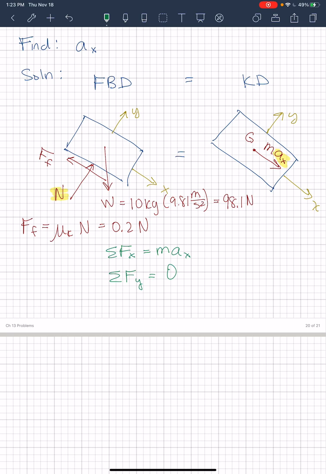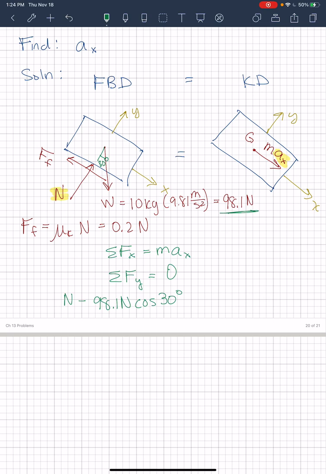So that's going to equal N, and then minus that y component of the weight. Oh, I forgot to put the direction in there. But the y component of that weight is going to be 98.1 newtons times cosine of 30 degrees. So it's just that weight that we calculated times cosine of 30 because it's adjacent.